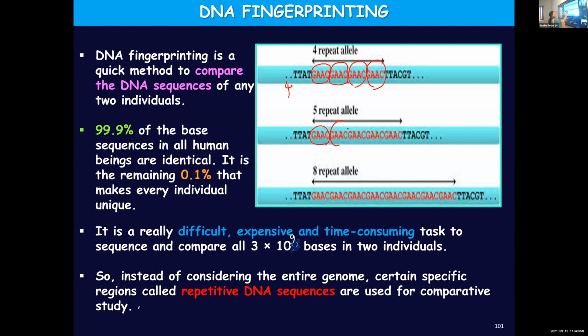GAAC repeated 5 times. GAAC, GAAC, like this, repeated 8 times. So the number of repeats is different. By comparing those repetitive sequences, we can compare the DNA of two different persons. We don't have to study or compare the entire genome or entire DNA.